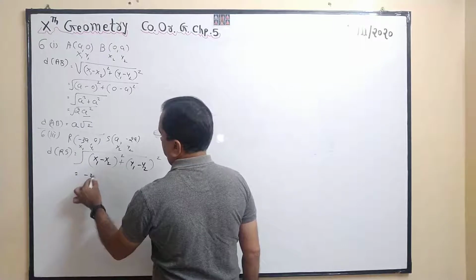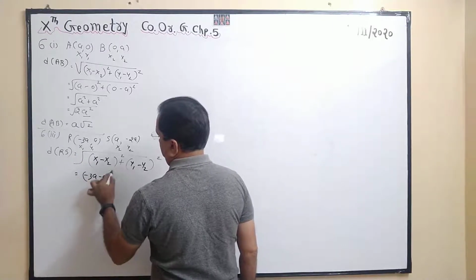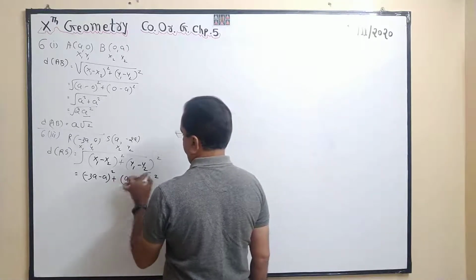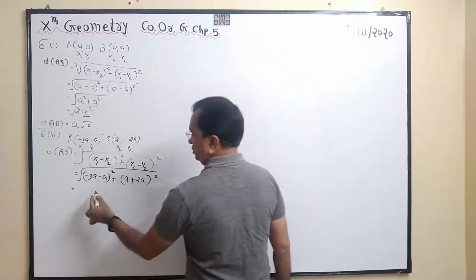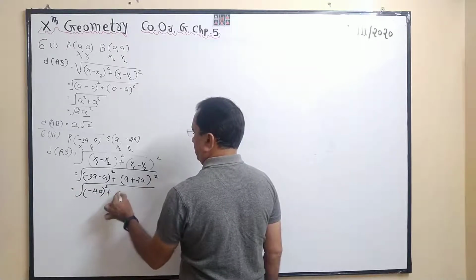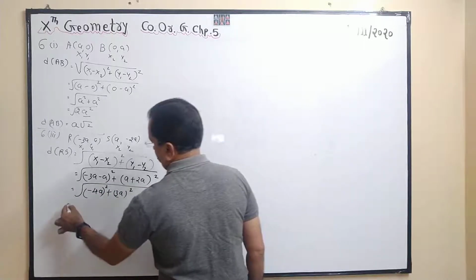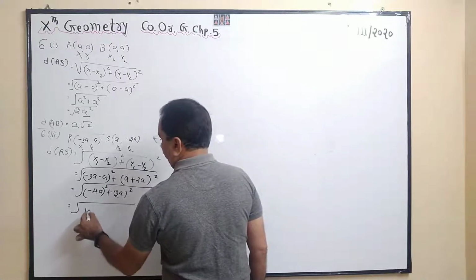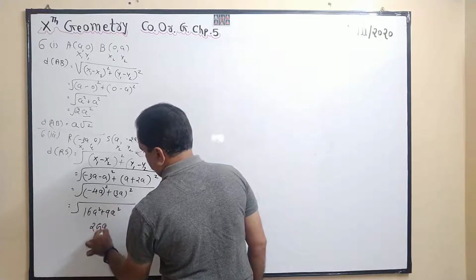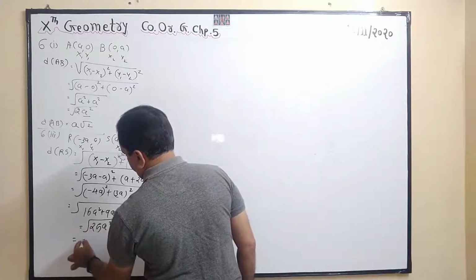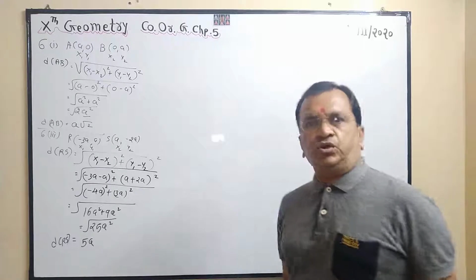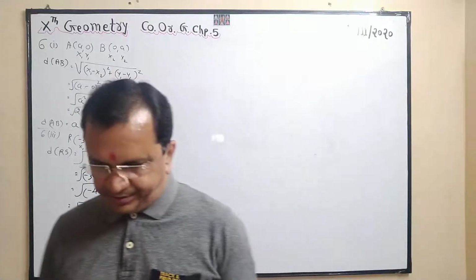So minus 3a minus a, and a minus minus 2a, plus 2a. This is minus 4a. 4 square is 16a square, 3 square is 9a square. So 25a square. That is 5a. So distance RS is 5a. So that is how to find the distance between 2 points.